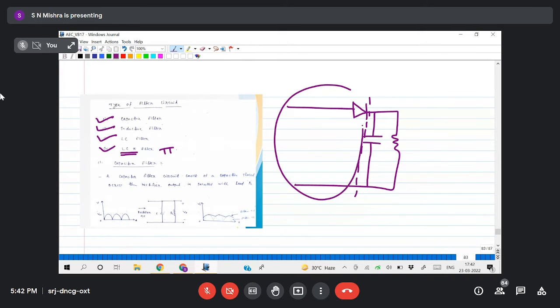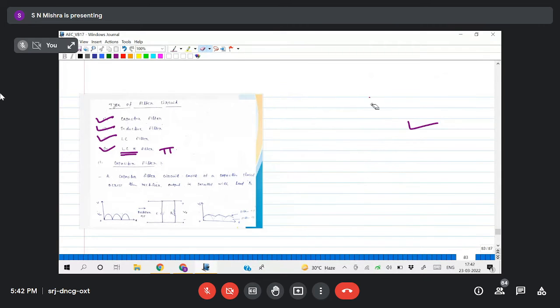Okay, this part I'll not use. I know the output of the signal is like this, so that's why I'm only taking this part. So let me redraw that one again.